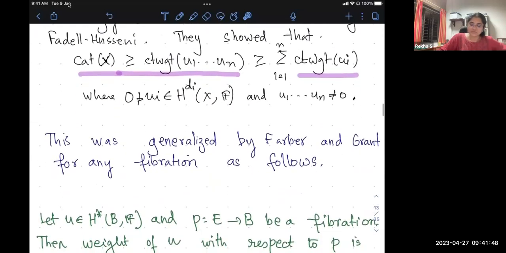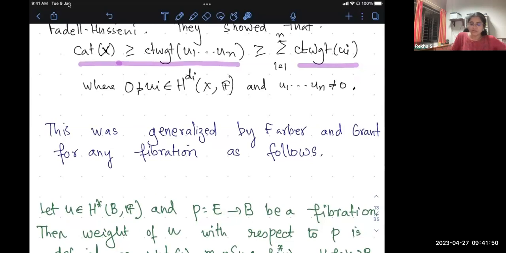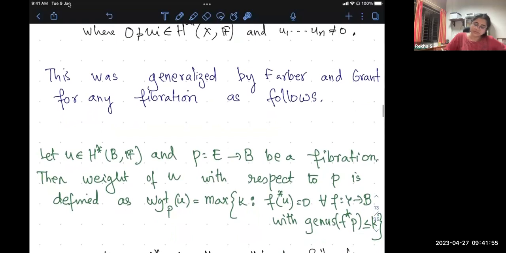So this was generalized by Farber and Grant for any fibration in the following manner. Let u be a cohomology class on the base space and p from E to B be a fibration.